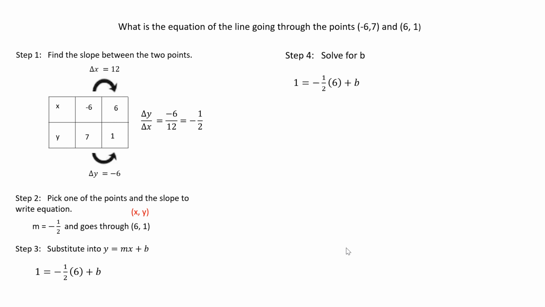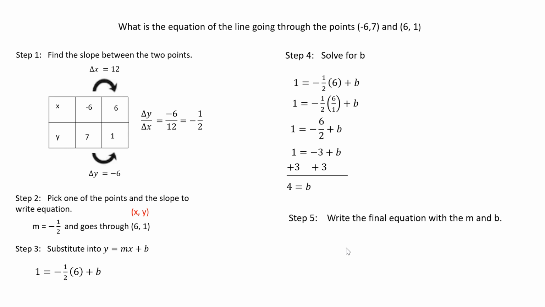Then I'm going to solve for b. Negative 1/2 times 6 is the same as multiplying by 6 over 1. Multiply the numerators and the denominators straight across. Reduce. I get negative 3. Add 3 to both sides of the equation. 4 equals b.